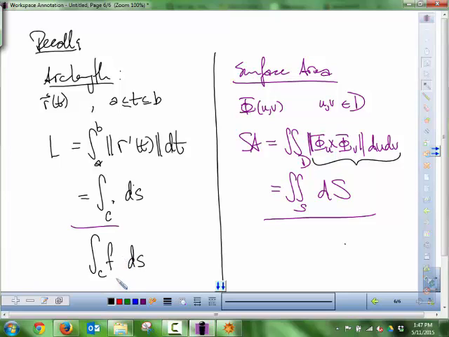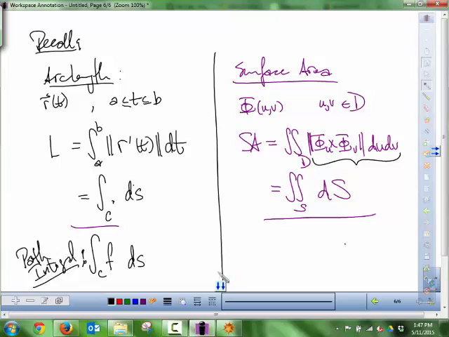Remember what this is called? What is this integral called? It's called the path integral. Remember that?